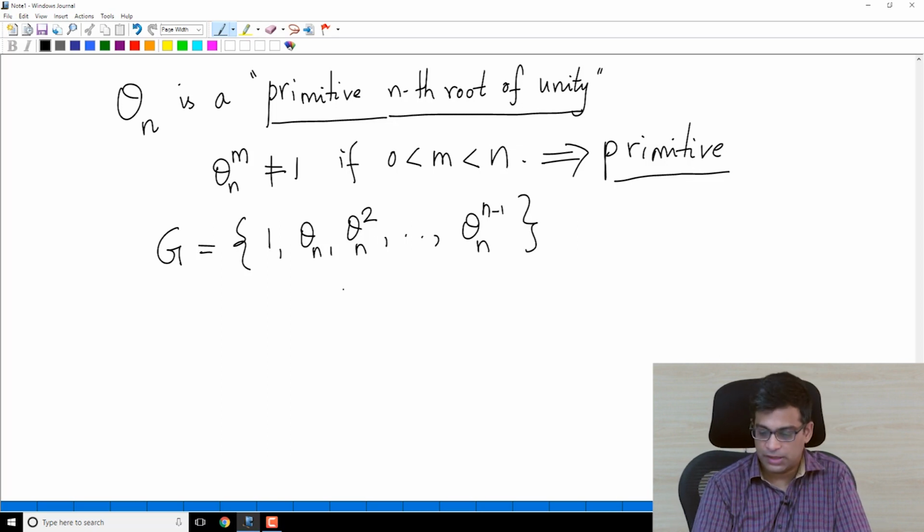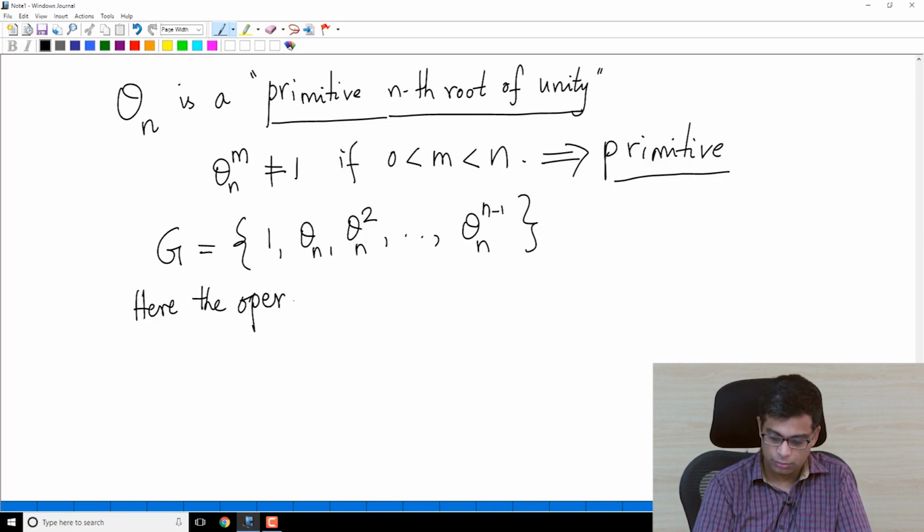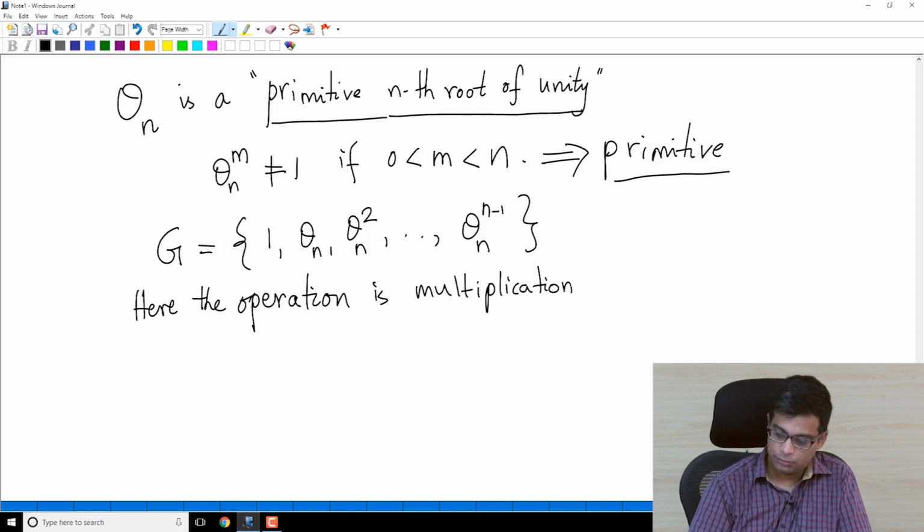Okay, here the powers are, and the operation is simply multiplication of complex numbers.